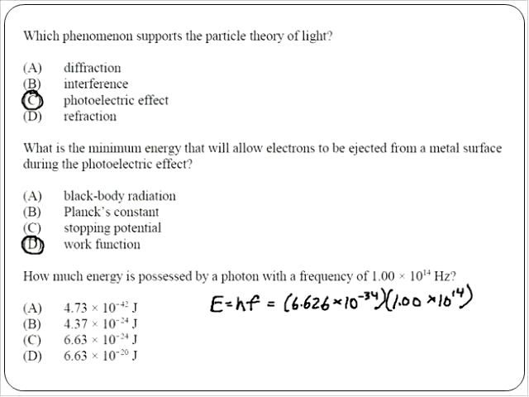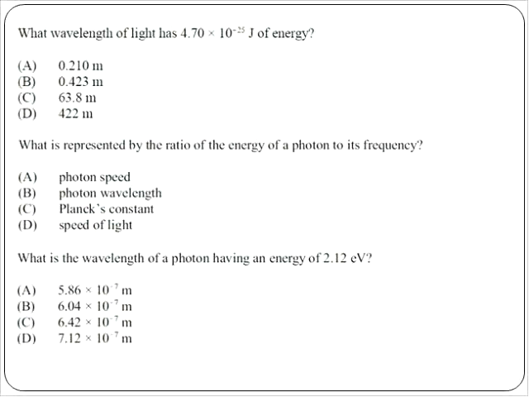Multiply those together, go with 3 sig figs, and you get 6.63 times 10 to the negative 20. That's measured in joules. That formula calculates joules of energy. So the answer obviously is D. Moving on.